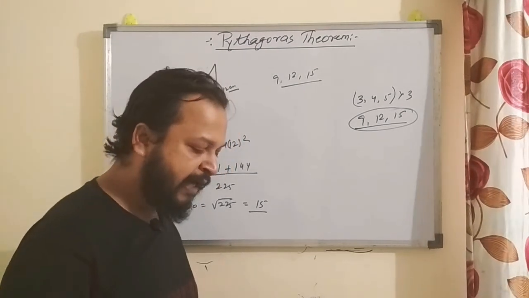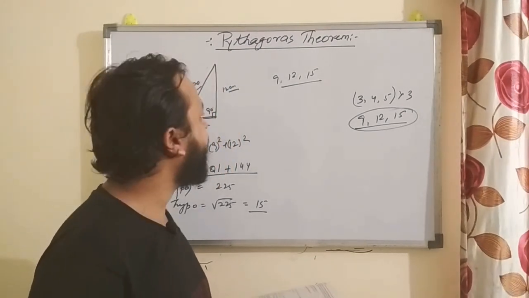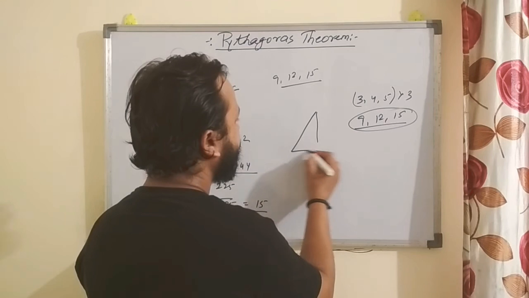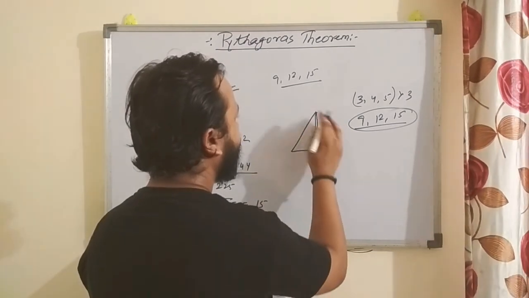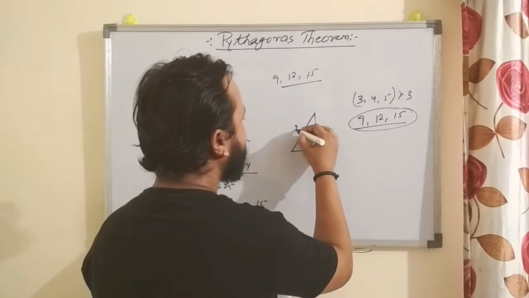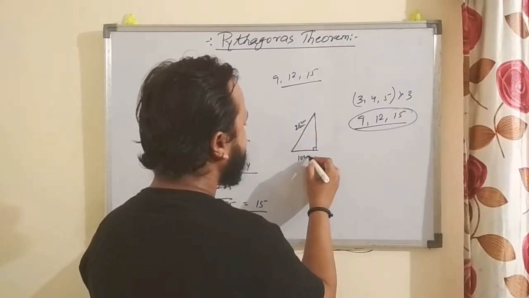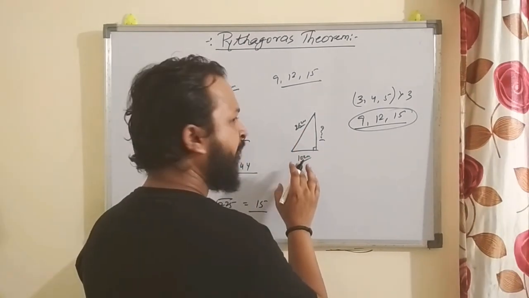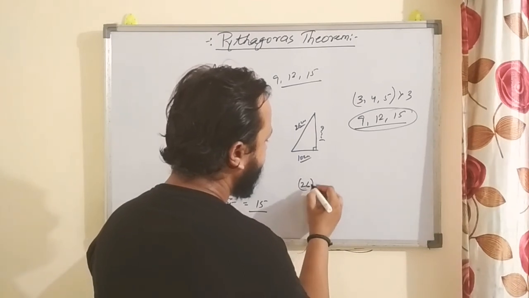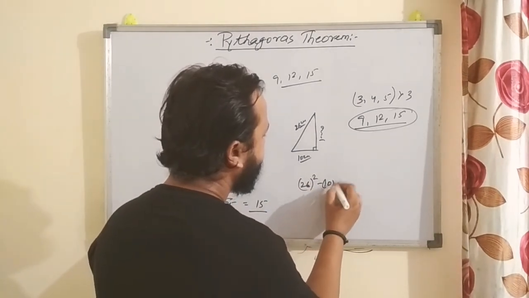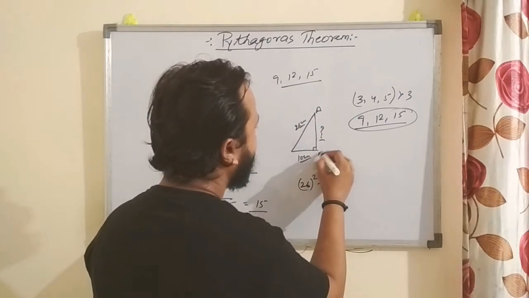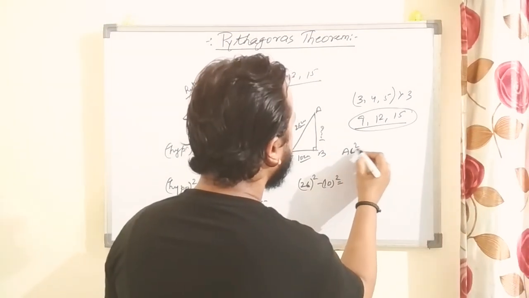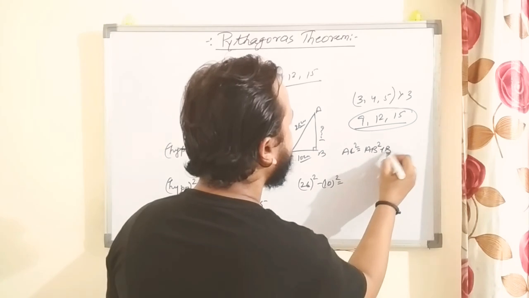The second question is also seen. The hypotenuse of a right angle triangle is 26 cm long. Here the hypotenuse is given as 26 cm, and this side is given as 10 cm. You have to find this one, so square of 26 minus square of 10. If we name them, the formula is AC square is equal to AB square plus BC square.